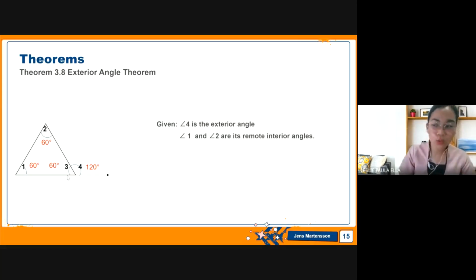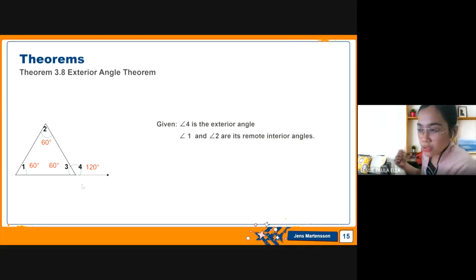Now, I want you to notice this, that if angles 1, 2, and 3 have a total of 180 degrees, then angle 3 and 4 also give us an angle of 180 degrees.